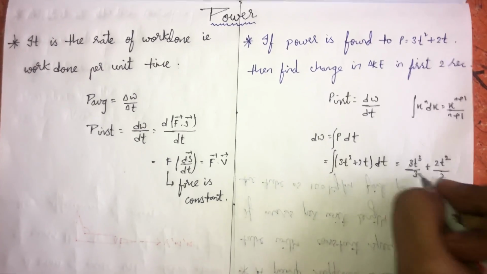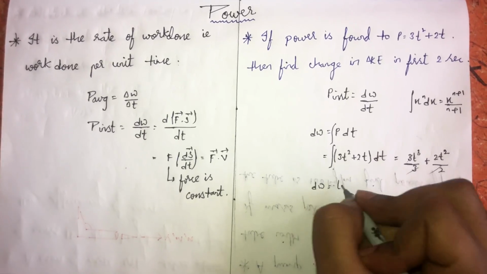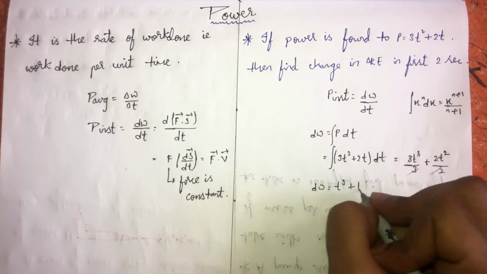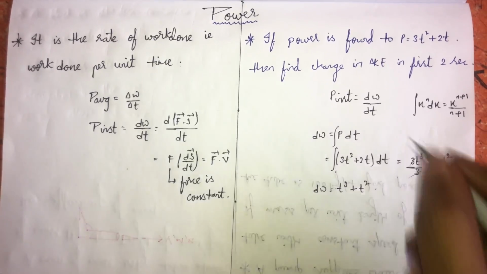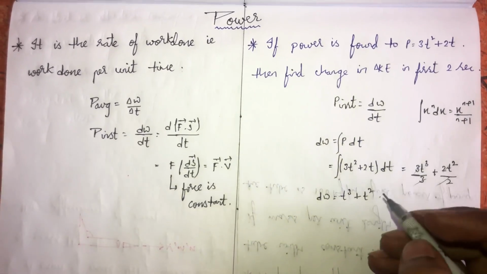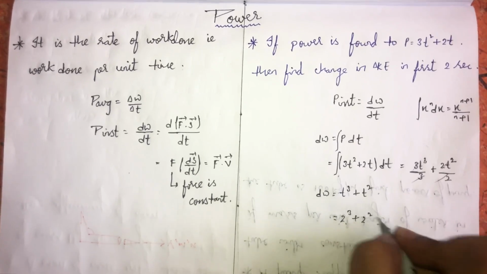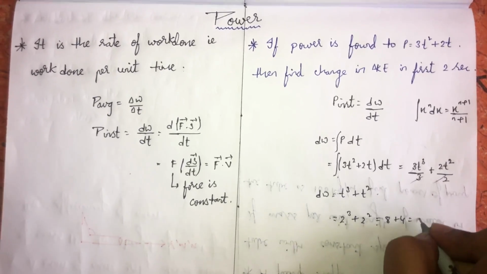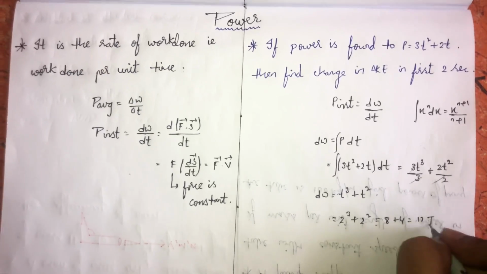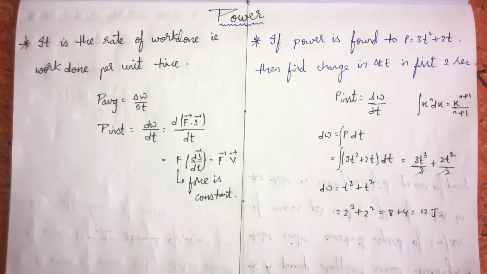Then the 3 will cancel, and the 2 will cancel. Finally we are left with W equals t cube plus t square. They asked for the first 2 seconds, so the value of t will be 2, that is 2 cube plus 2 square. The value of 2 cube is 8, 2 square is 4. Then work done will be equal to 12 joules. That's it. Clear? Now let's see another problem.